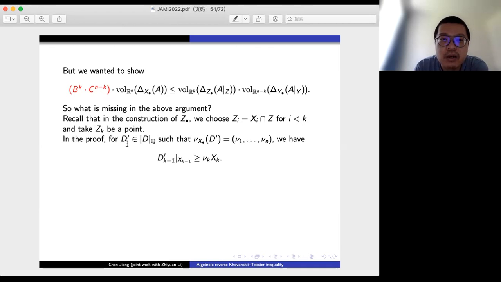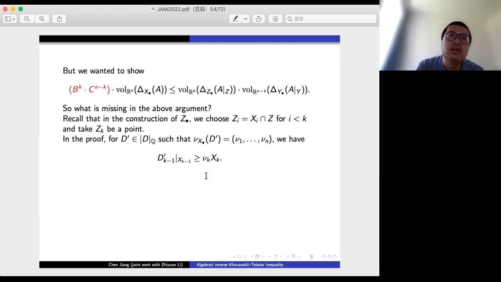For example, go back to the proof of the last claim. In the last step, actually we have this information, right? So D_{k-1}' restricted to X_{k-1}, the coefficient of s_k is nu_k in this divisor. And this is the definition of nu_k.